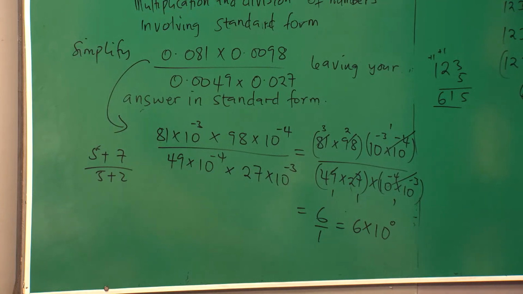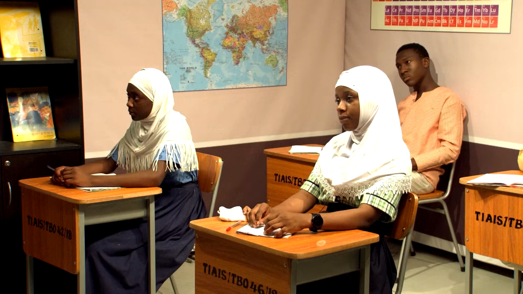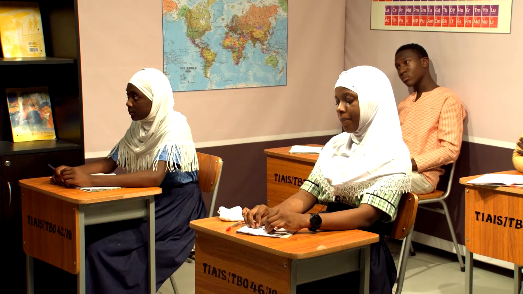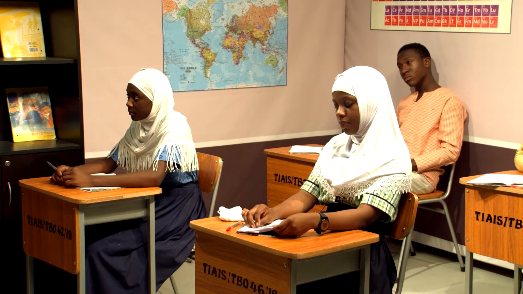You know, if you write times 10 exponent -1, it means 0.6. Are you okay? If you write 10 exponent 1, it means 60. But if you write 10 exponent 0, that gives you what? 1. Times 6, you get back 6. So you have to be very, very careful when you are dealing with these things. If you end up with a whole number that lies between 0 and 10, then you multiply that answer by 10 exponent 0.